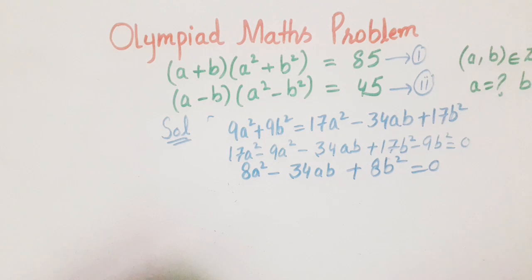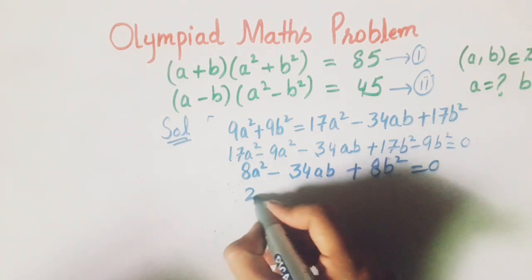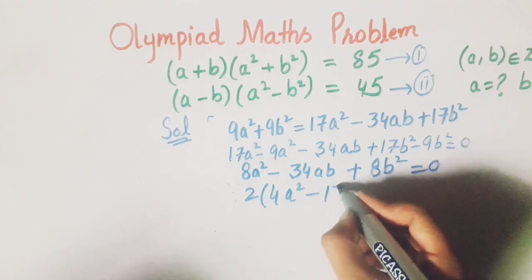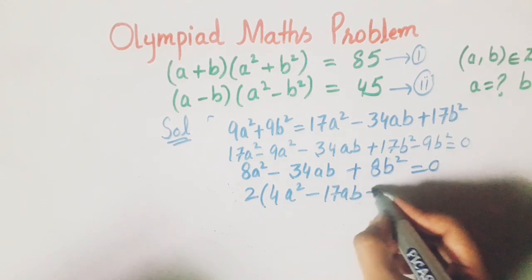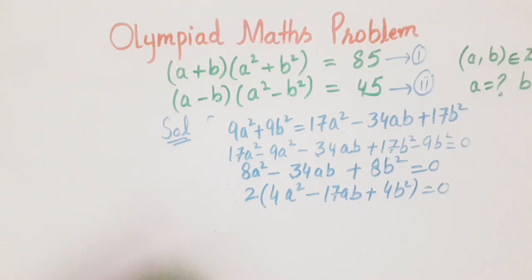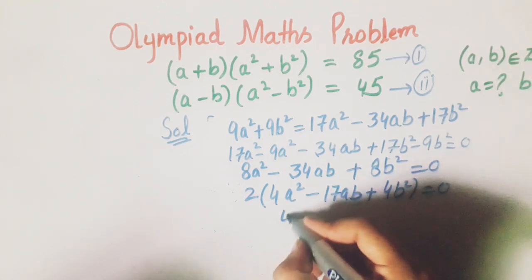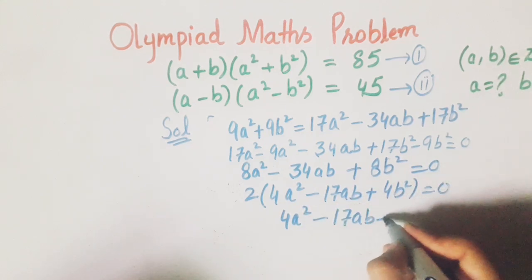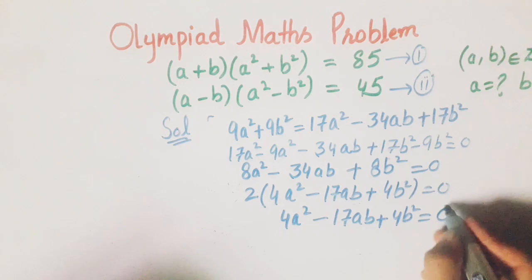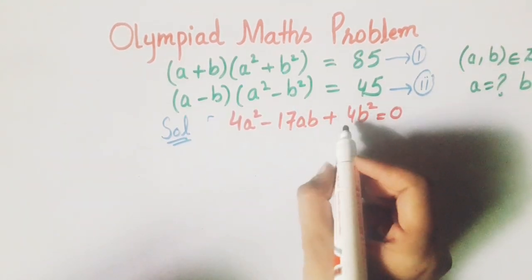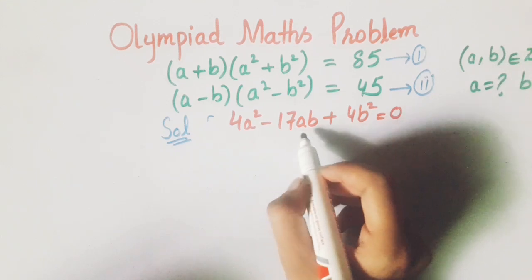Now we can take 2 as common from this. So by taking 2 as common, we will get 4a square minus 17ab plus 4b square. Now when 0 is divided by 2, we will get 0, and the remaining will be 4a square minus 17ab plus 4b square equals 0. Now we will find the factors of 16 which, when added, give 17.